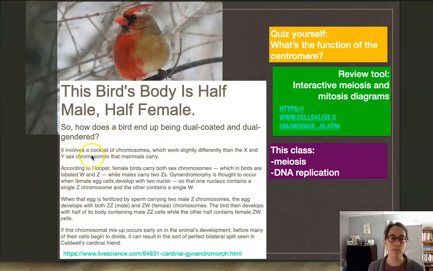And in birds, there's no X and Y. Instead, there are W and Z chromosomes. And the nuclei, we think, one of them had a W chromosome, the other one had a Z chromosome. And then when fertilization occurred, we ended up having one nucleus that was male and the other nucleus which was female.